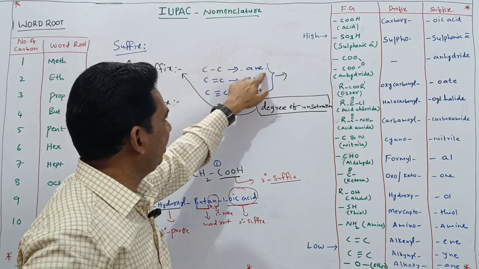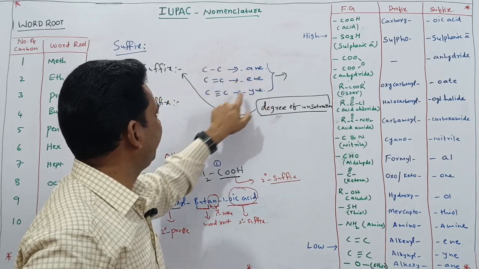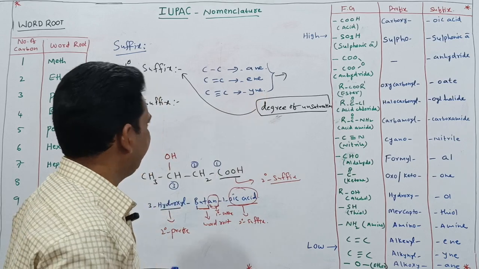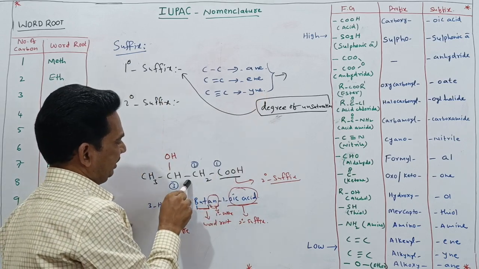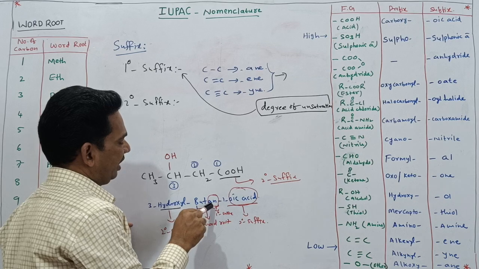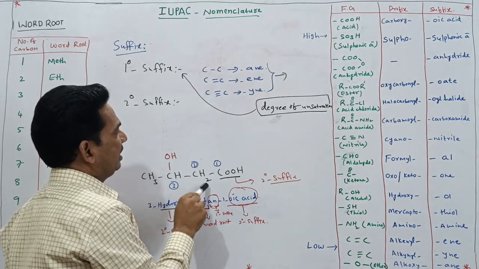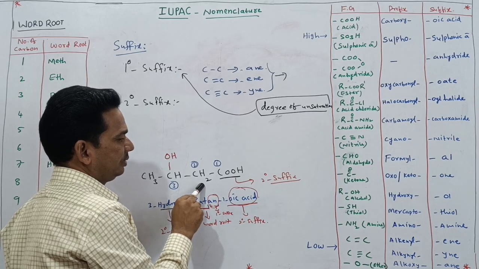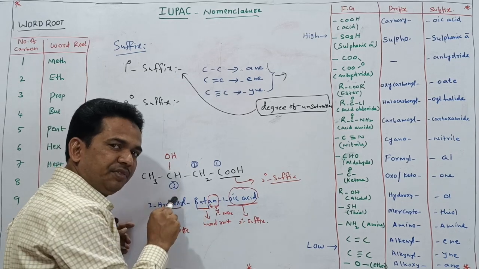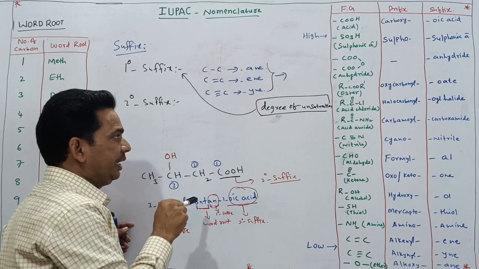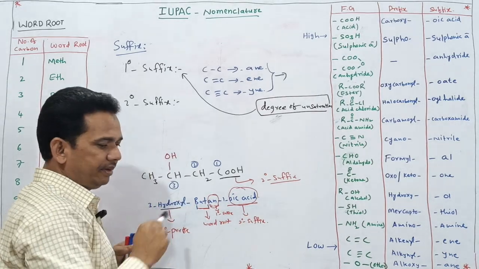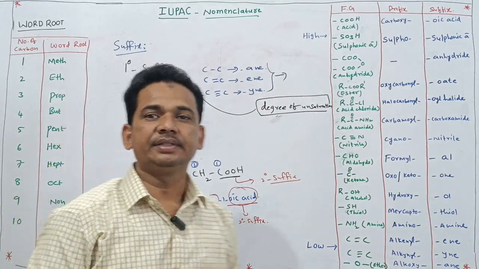It is single bond ane, double bond ene, triple bond yne. See here, degree of unsaturation. Here we call it butane, ane, which means it is a single bond compound. That is the degree of unsaturation for this compound, and it is explained by what is called the primary suffix.